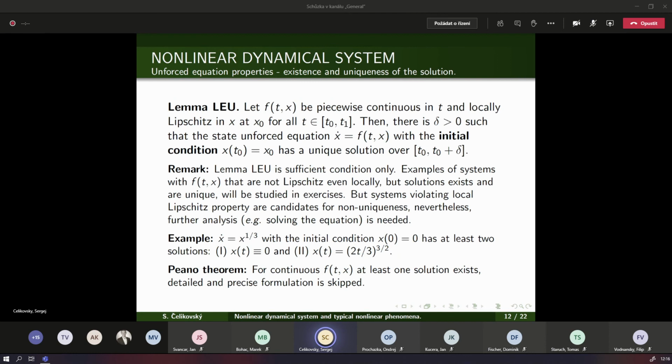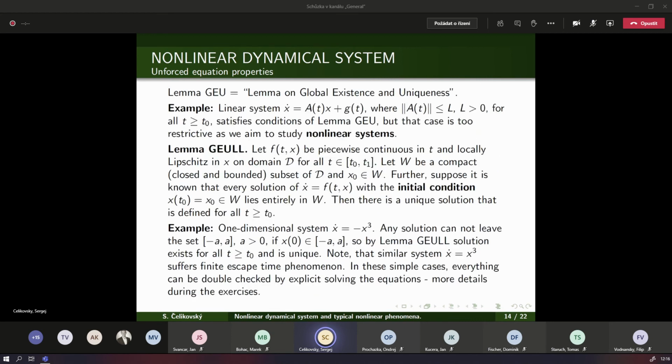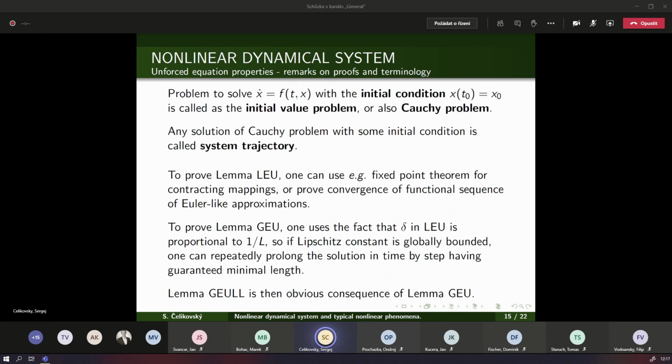But if you check and you see that the system is not globally Lipschitz, exactly as in this example, you cannot simply give the answer, okay, there will be finite time escape. Again, for finite time escape, you need to do a little bit more, some specific efforts to show that you have finite time escape.